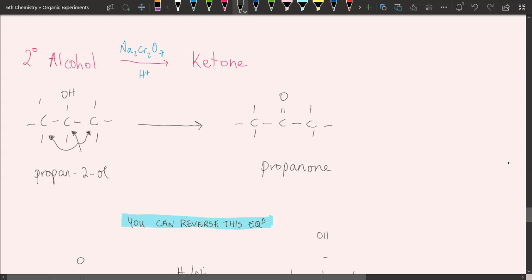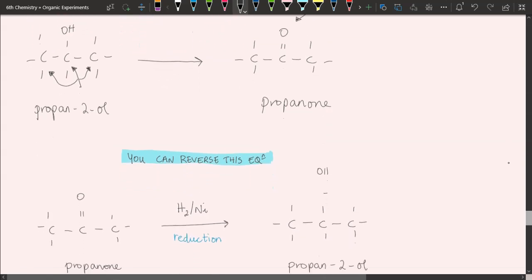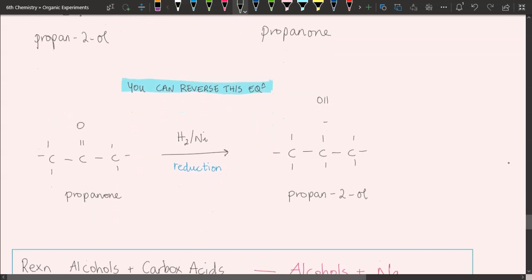When it's oxidized using your Na2Cr2O7 oxidizing agent, it produces propanone. It introduces the C double bond O. Again, that can also be reversed. If you start with your ketone and reduce it using hydrogen and a nickel catalyst, you end up producing the alcohol, in this case again a secondary alcohol.